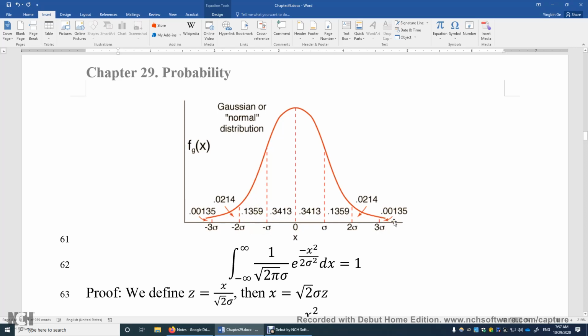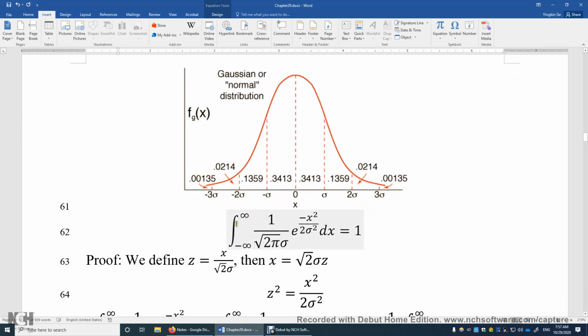Beyond 3 sigma, there's only 0.135% probability. You can easily prove that this Gaussian distribution is normalized by evaluating this integral.